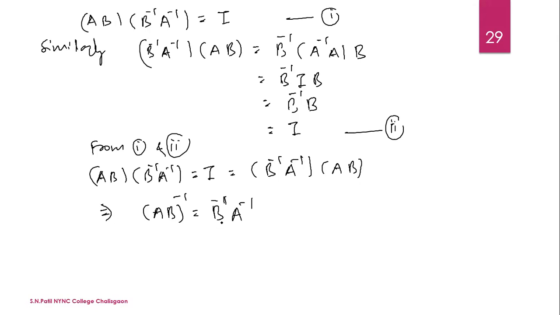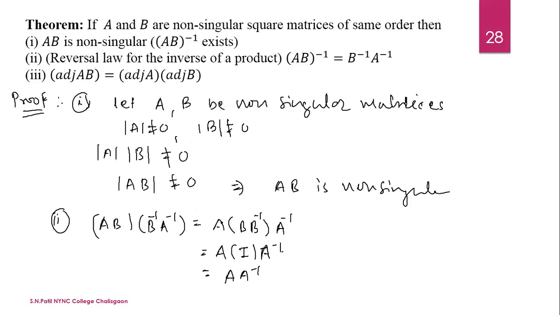Now prove the third. The third is adjoint of AB. For that, we know the relation A into adjoint of A is determinant of A into identity matrix.